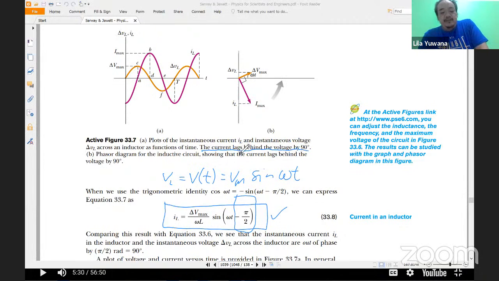Jadi fase dari arus itu ketinggalan sebesar 90 derajat atau Pi. Fase ketinggalan ini dinyatakan dalam lag, ya. Ada jeda waktu, nah jeda waktu itu disebut sebagai jeda fasenya.